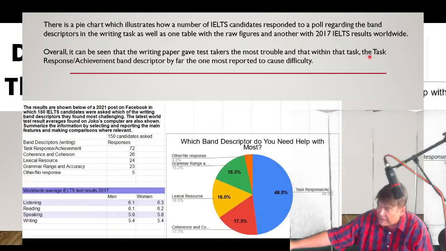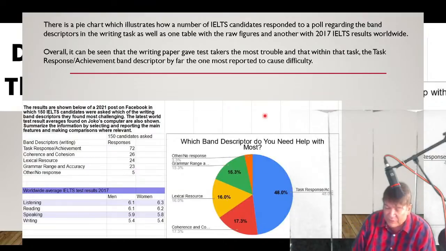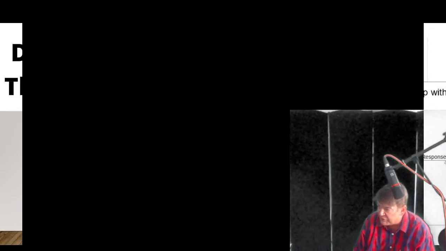And that within that task, the task response achievement band descriptor was by far the one most reported to cause difficulty. No statistics, no numbers, just what the main things that jump out at you are. Okay? So that concludes my presentation.